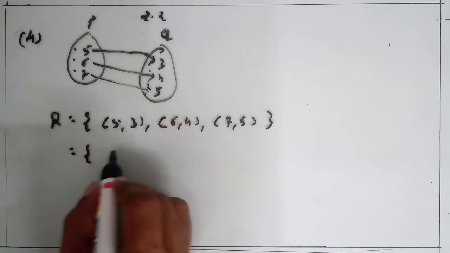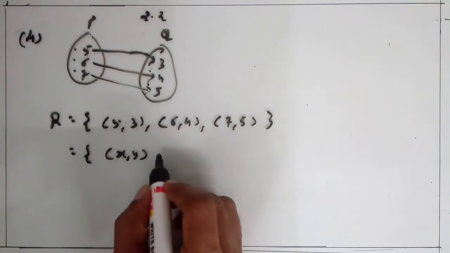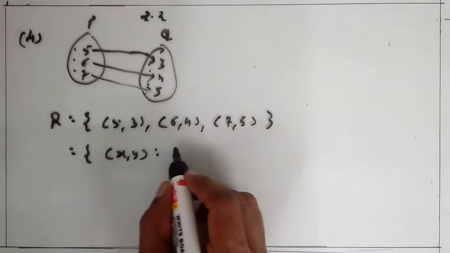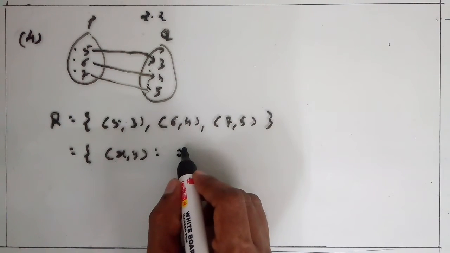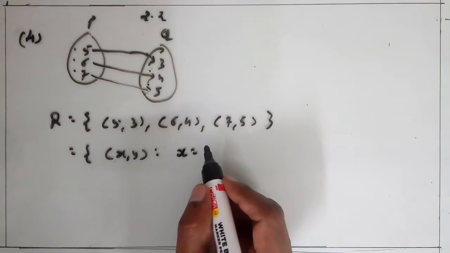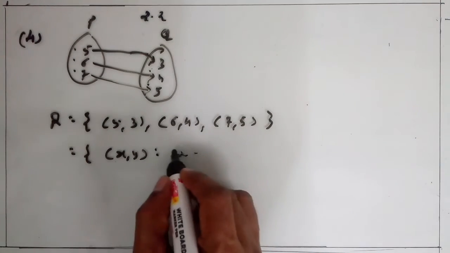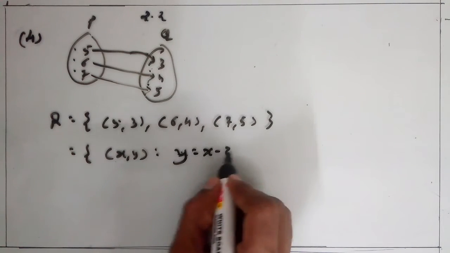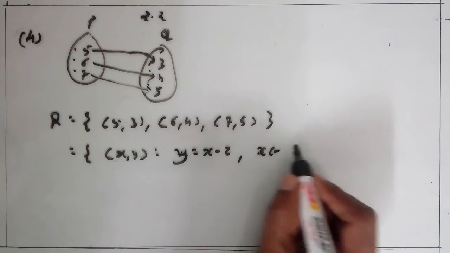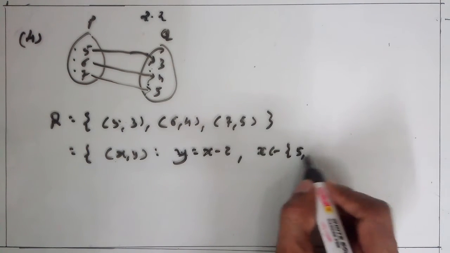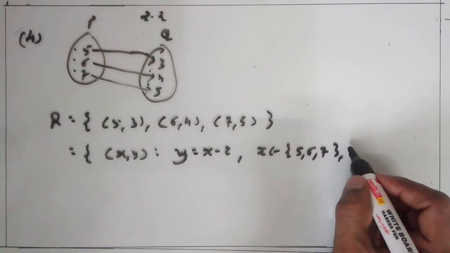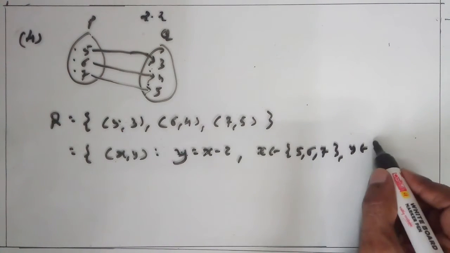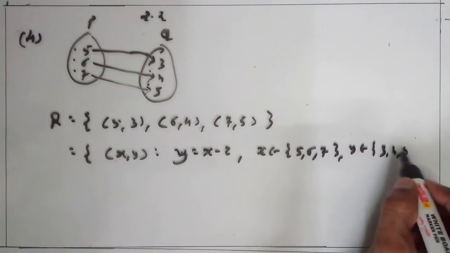Now in set builder form, (x, y). Here difference between these two, y is equal to x minus 2, and x belongs to 5, 6, 7, y belongs to 3, 4, 5.